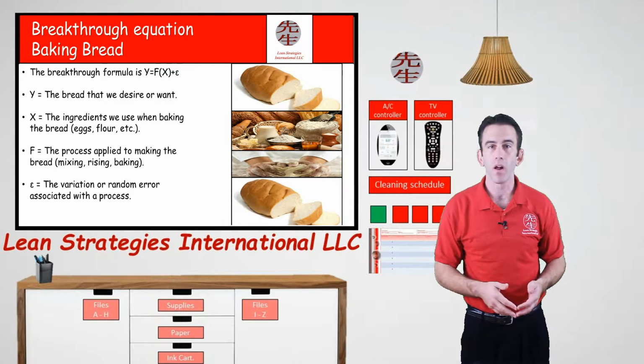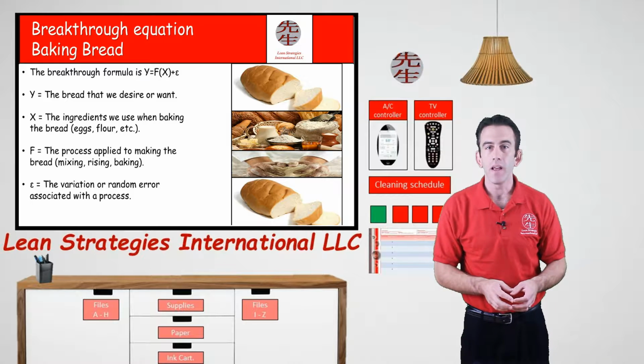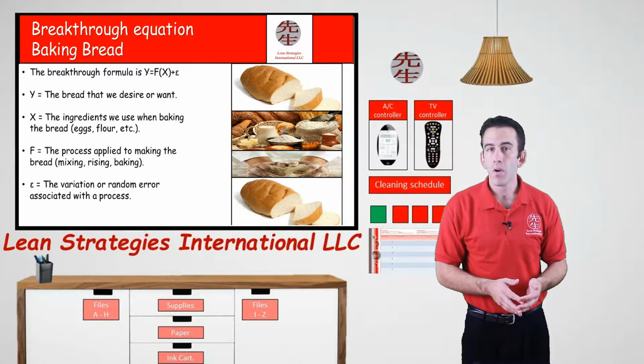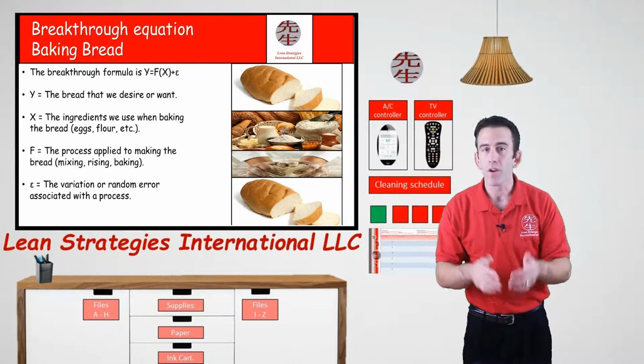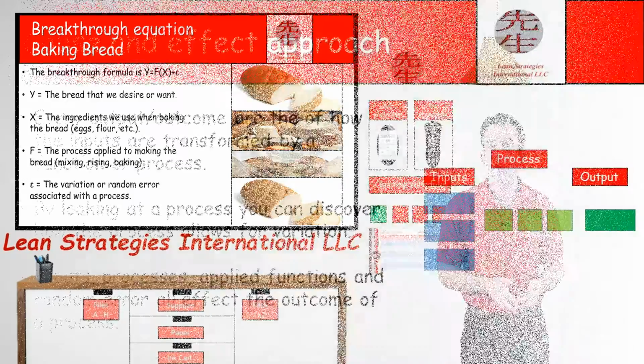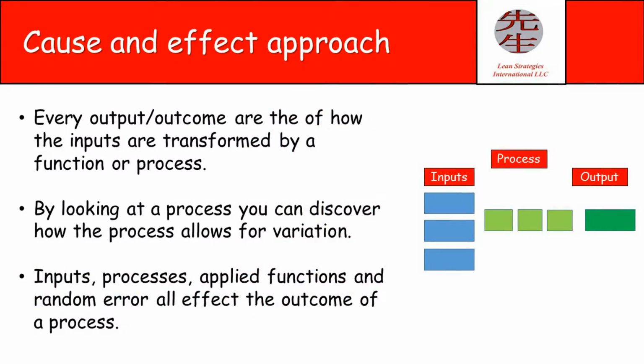What this formula essentially tells us is that the result of every outcome of just about everything is directly related to the inputs of the processes being applied to the objective. This concept is actually quite similar to a cause and effect type approach. It tells us that inputs help to form our outputs.